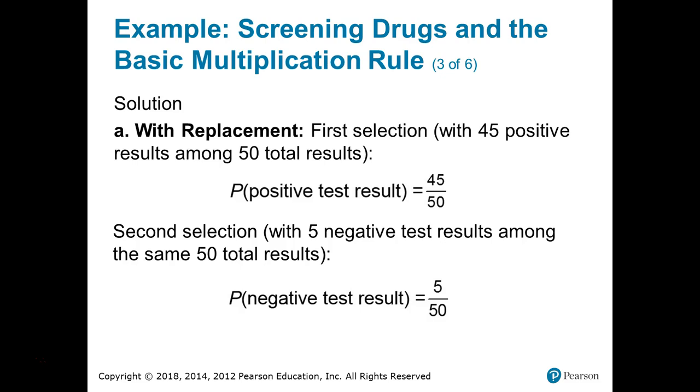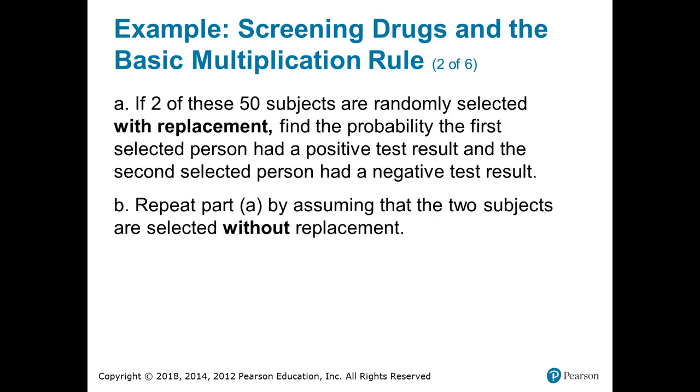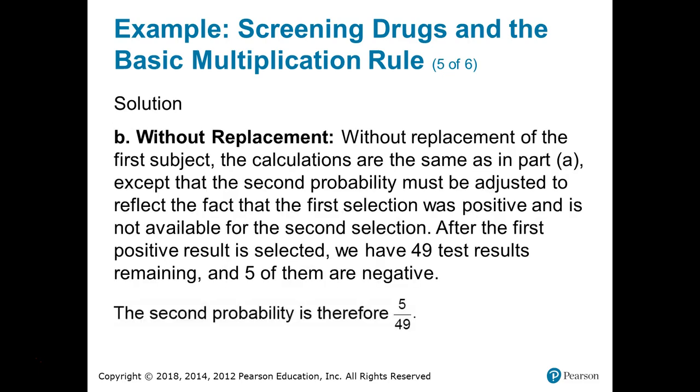With replacement would mean independent. So we have 45 over 50 multiplied by 5 over 50, and we get 0.0900 or 9%. There is a 9% probability that if you select 2 people at random among these 50, the first person has a positive test result and the second person has a negative test result.